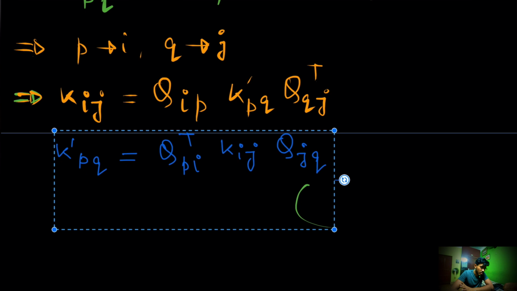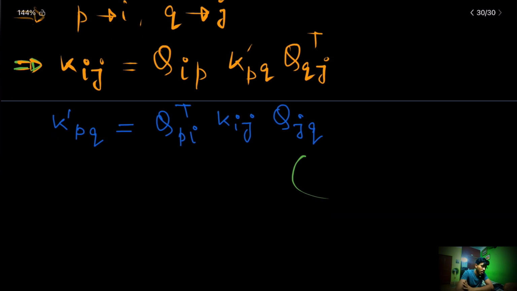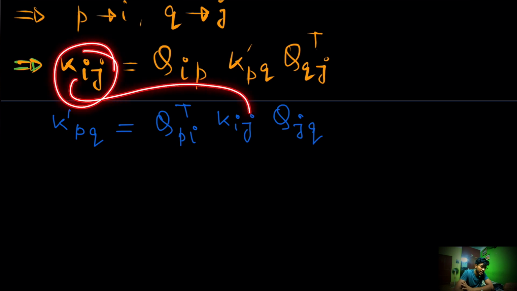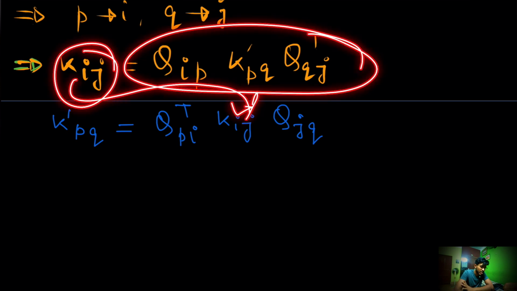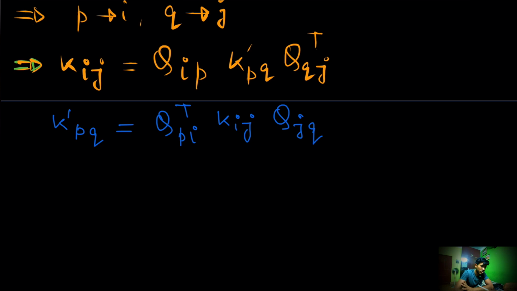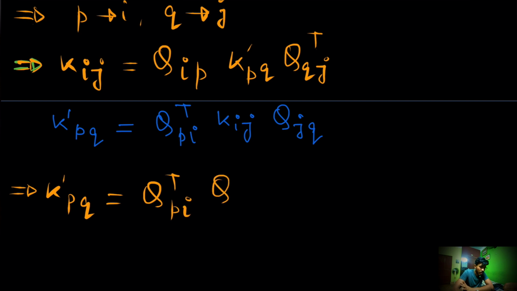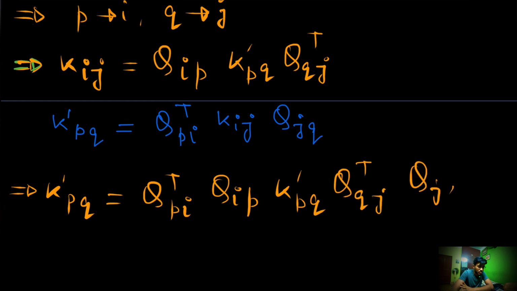So now what I will be doing is I will take this Kij and I will put this whole expression here. So K dash PQ is equal to Q transpose PI, QIP, KPQ dash QQJ transpose QJQ.